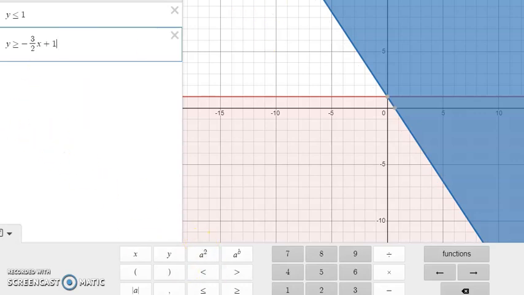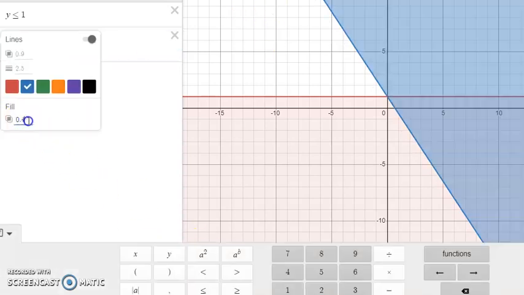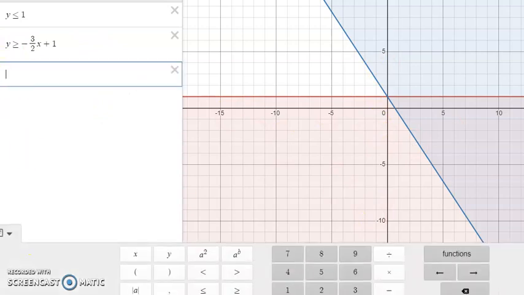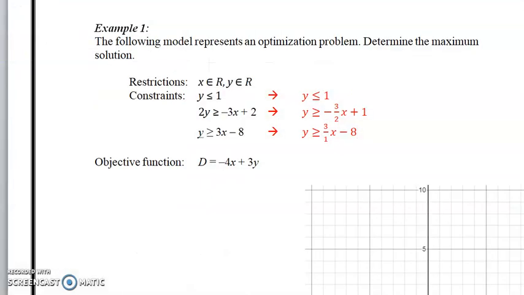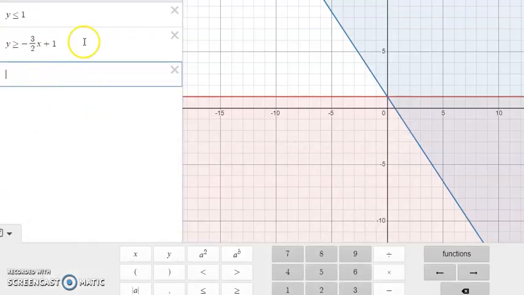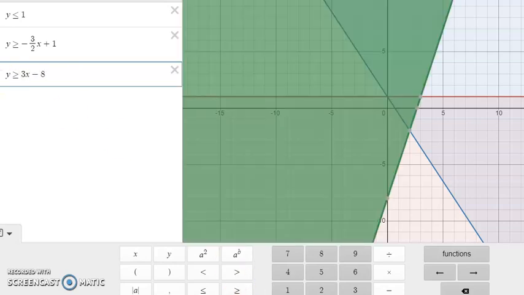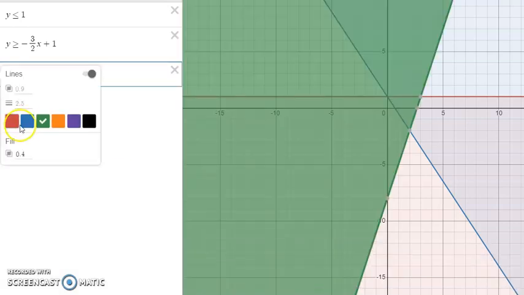And we will lighten that up a bit. Remember, it's above, so it's here. This one's below. And the final graph we had was y greater than or equal to 3x minus 8. And make that a little lighter as well.